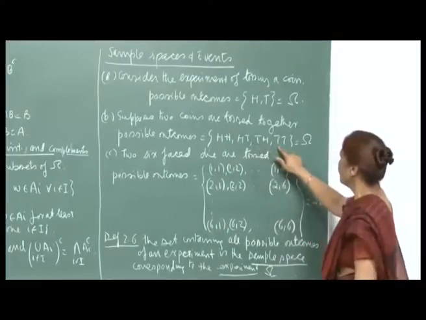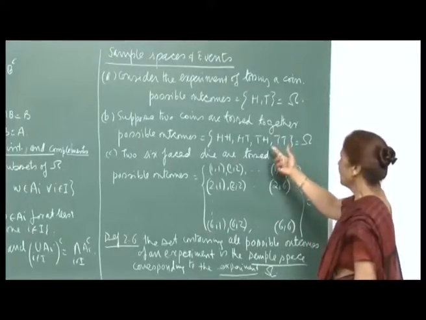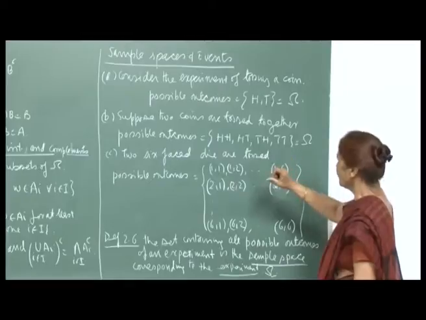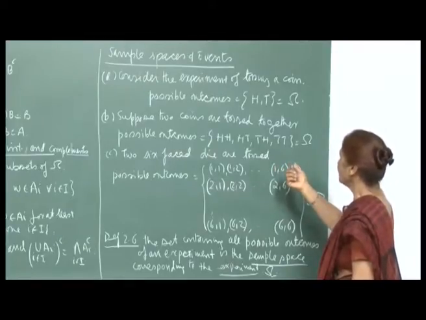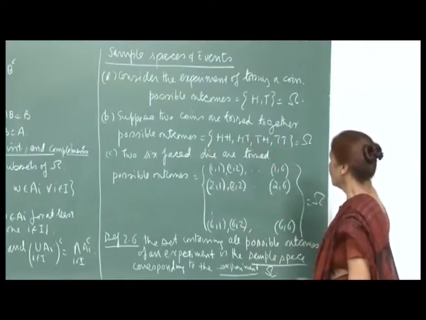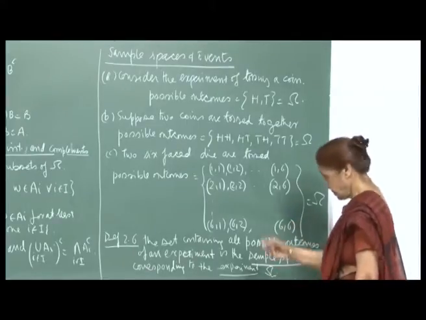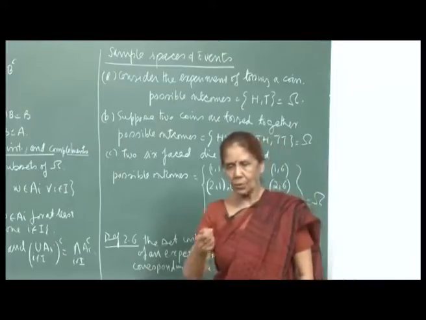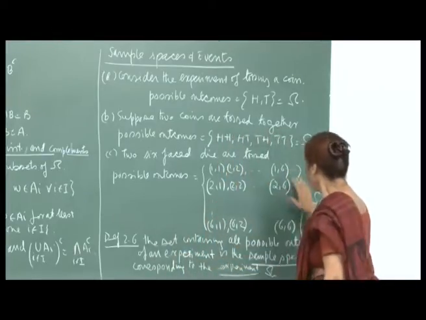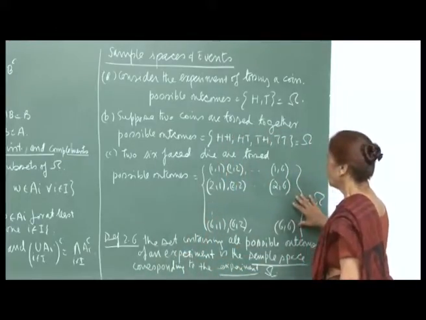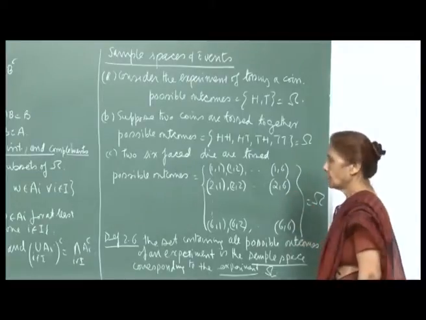When you are tossing 2 coins, we have to number one as the first coin and the other as the second coin, and then we can record the outcomes. Similarly, when you are tossing 2 dice, you have to allocate one die as number 1 and the other as number 2 to be able to record all possible outcomes in a proper way.